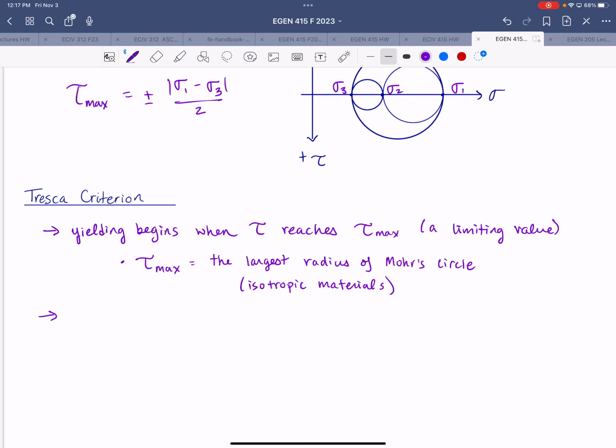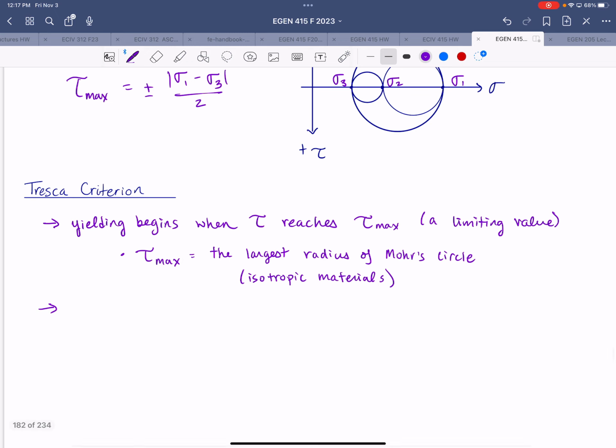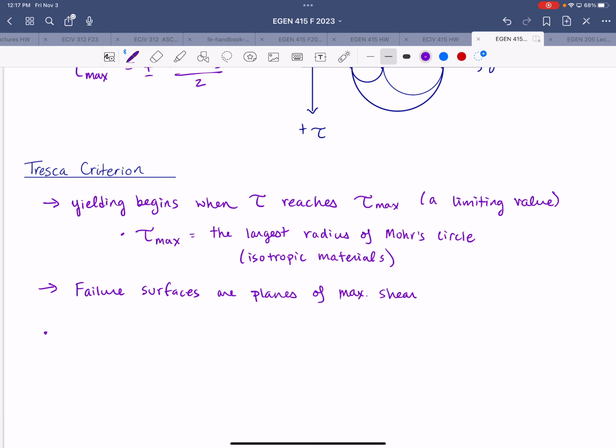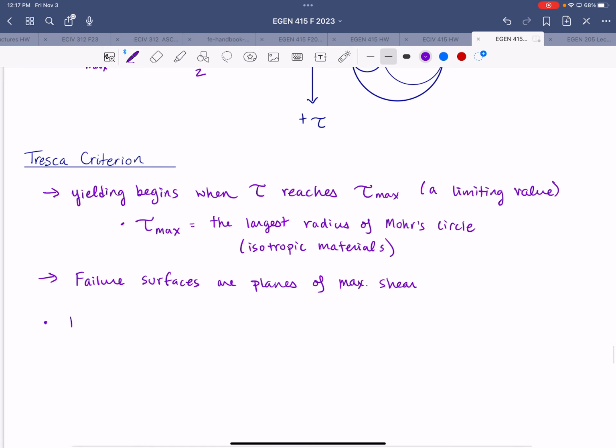Further, the failure surfaces will be the planes of maximum shear. So for the uniaxial case, you would only have one normal stress, and that normal stress would be a principal stress, right?